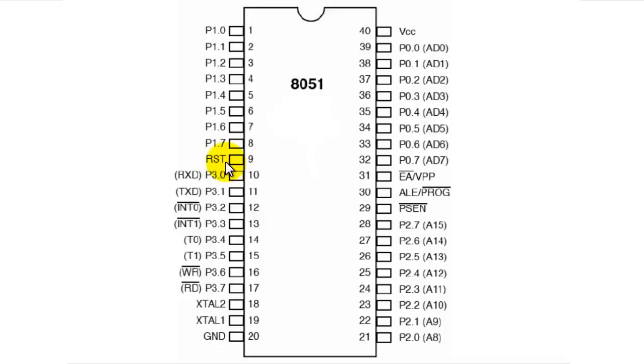So if we want an external event to be recorded and a reaction to be given on that event, we can do it by giving a low pulse on the INT0 pin, and we can display something with the help of our ISR, that is the interrupt service routine, and then the 8051 goes back again to its normal functioning. Similar is the functioning of the INT1 interrupt.